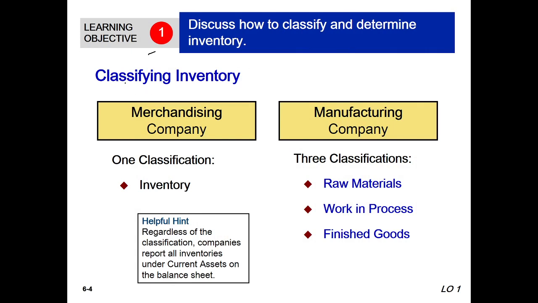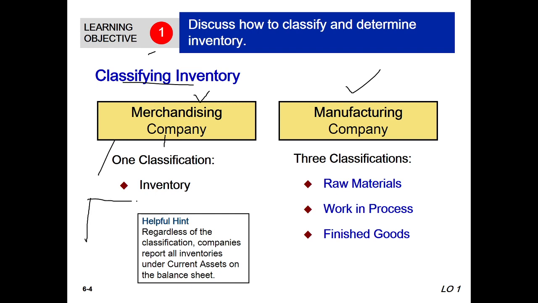Actually here, classifying inventory, we discuss 2 types of organization: merchandising company or merchandising enterprise, or manufacturing company or manufacturing enterprise. In our merchandising company we have only one classification of inventory. That means a very easy example.